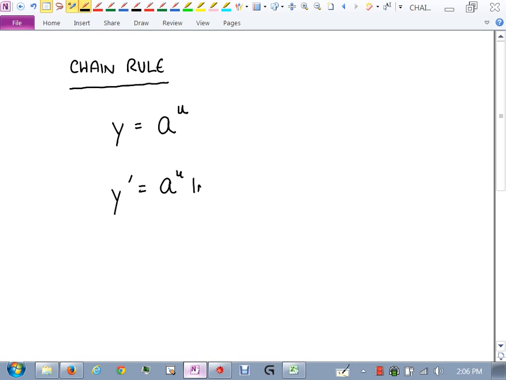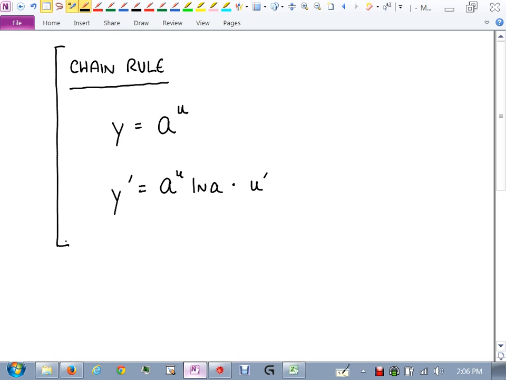natural log of a. But then chain rule says you have to go up there and look at what was up there inside and take the derivative of that. For us, that would be u prime, the derivative of u, whatever it might be. This is a more general definition of the derivative of an exponential function because if you have like 3 to the x, then x prime is going to be 1.